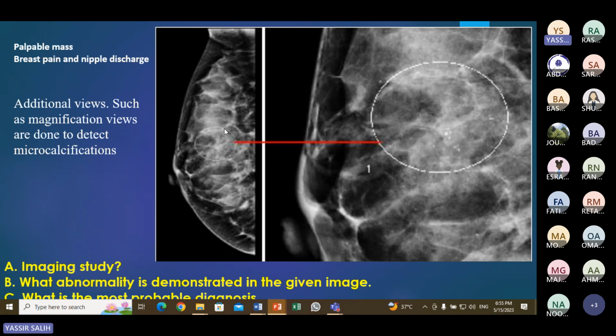Here we did magnification. Here this is the normal view, and this is after magnification. What do you see? What are these? Masses?